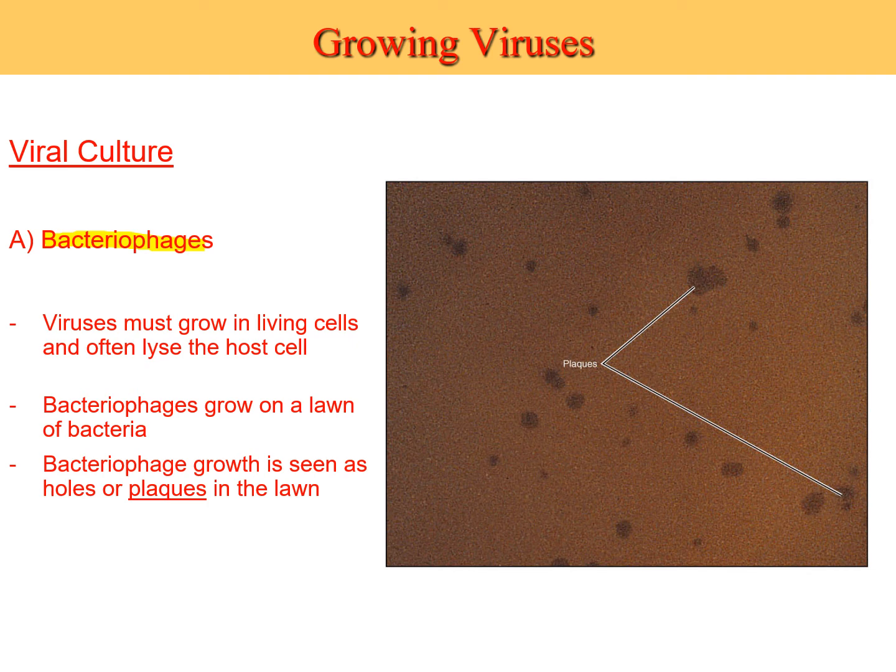So you can pour a solution of bacteria over the surface of the agar, the nutrient agar in the dish, and spread it around. It'll get absorbed in. And then you can put on your sample of bacteriophages. Wherever a bacteriophage lands on that lawn of bacteria, that'll appear. The bacteria don't appear instantly when you put them on.